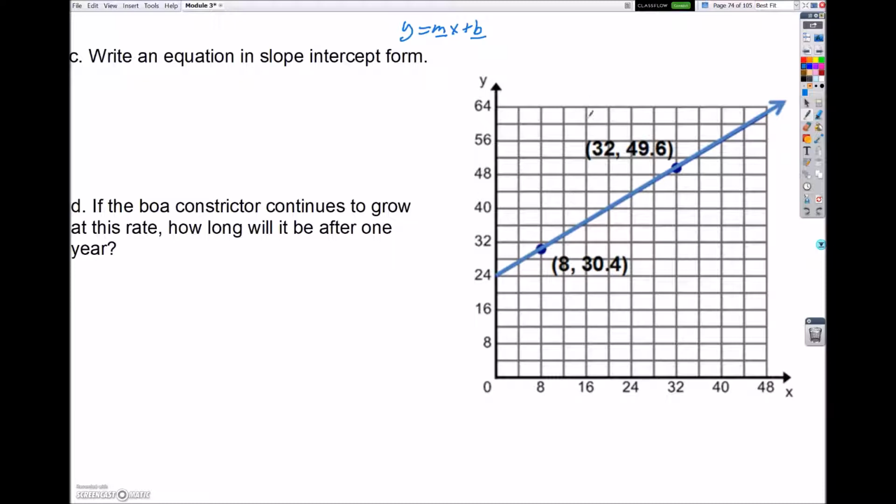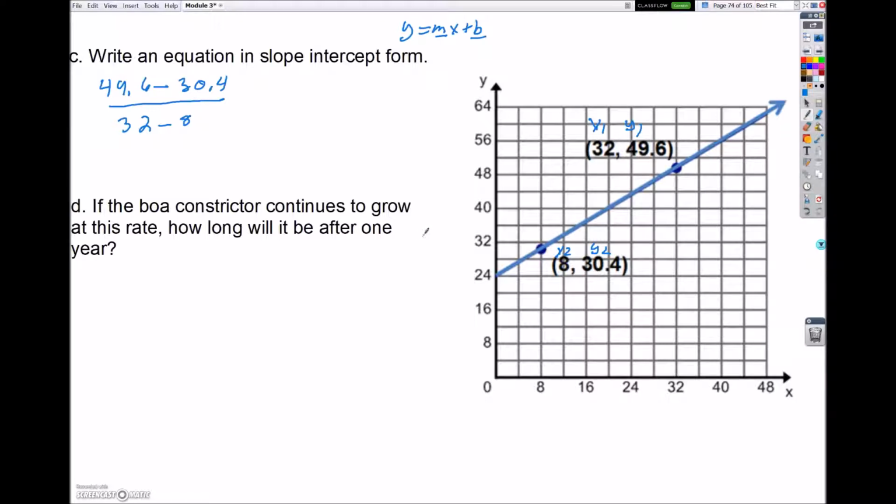If this is my x1, y1 and this is my x2, y2, I can plug this into the formula: 49.6 minus 30.4 all over 32 minus 8. Now all we need to do to find the slope is rise over run.